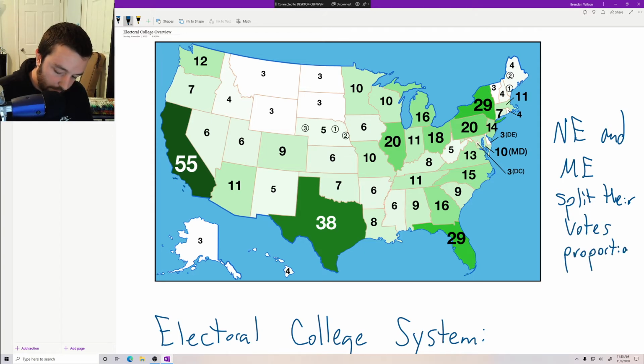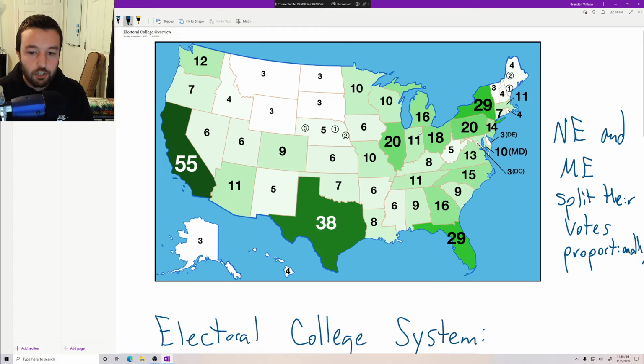Okay. It's not exactly proportionally. Maine, for example, gives the majority of its votes to the winner of the state, and then only one of them, I believe, to the other candidate.